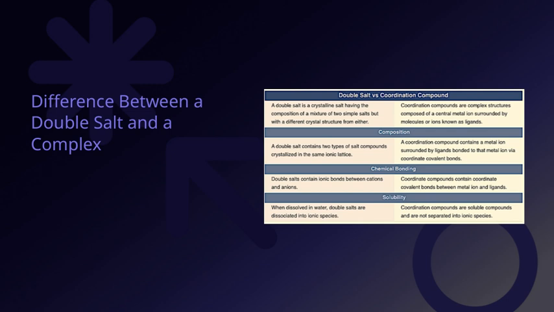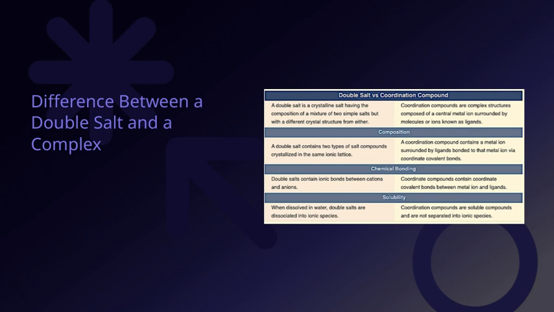On the other hand, a complex is a coordination compound where a central metal ion is bonded to surrounding molecules or ions called ligands. These ligands form coordinate covalent bonds with the metal, creating a stable, often more intricate structure. The key point is that complexes usually remain intact in solution, maintaining their structure unless reacted upon or broken down under specific conditions.